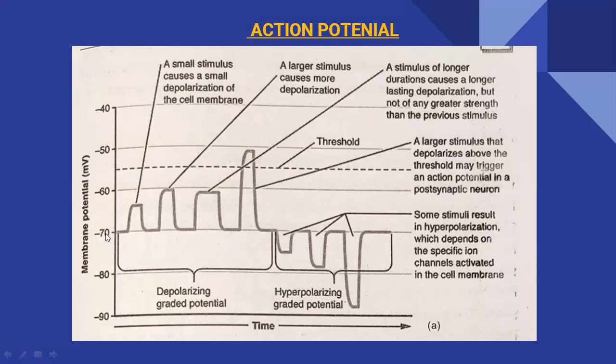The resting potential is minus 70; when 15 millivolts is given to it, it will reach minus 55 millivolts. Only when the stimulus is enough to increase the potential inside the cell to minus 55 millivolts will action potential be generated. So minus 55 is the threshold limit, and only when it is crossed will action potential be generated.